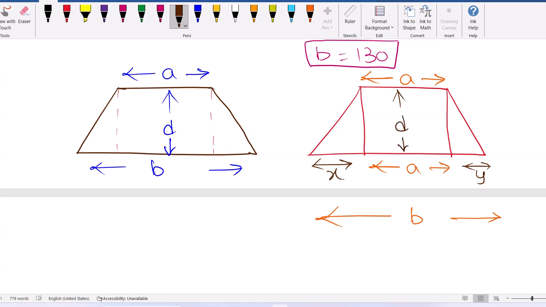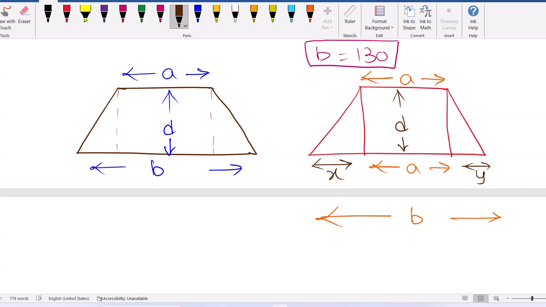So B is equal to x plus A plus y. That way we split the base B as x, A and y. No problem up to now, right?